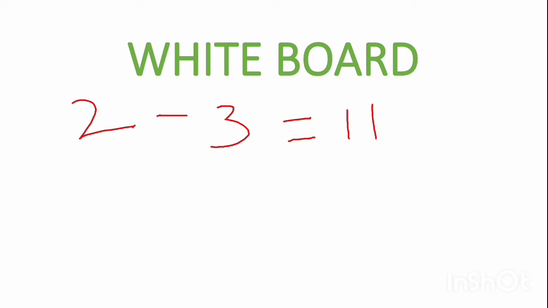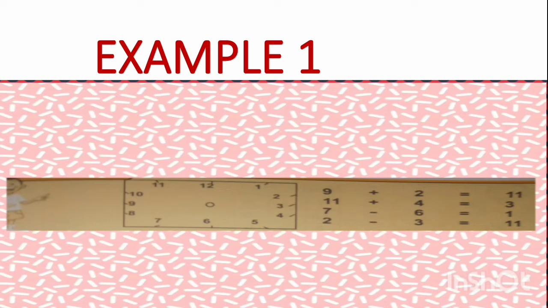This simply means that you're going to start looking for 3 from the interval between 2 and 1. Start from the interval between 2 and 1 and look for the second number 3 times to the left. 3 times to the left.